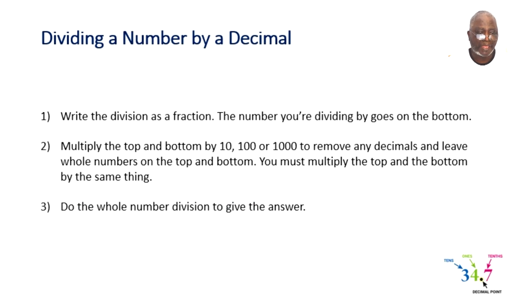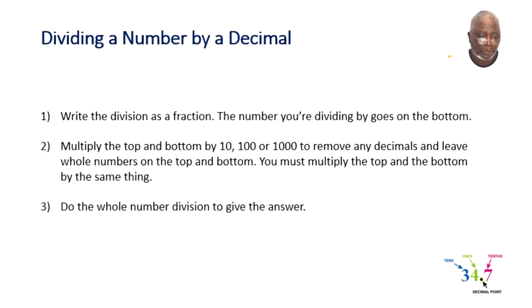Dividing a number by a decimal. Write the number as a fraction. The number you're dividing by goes on the bottom, and then the number you're dividing is at the top. Remember, a fraction is a division sum, so it follows.